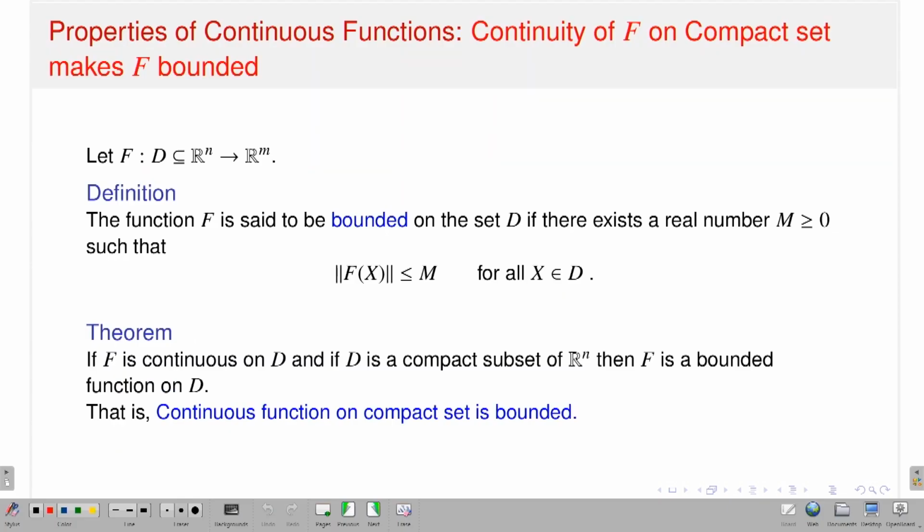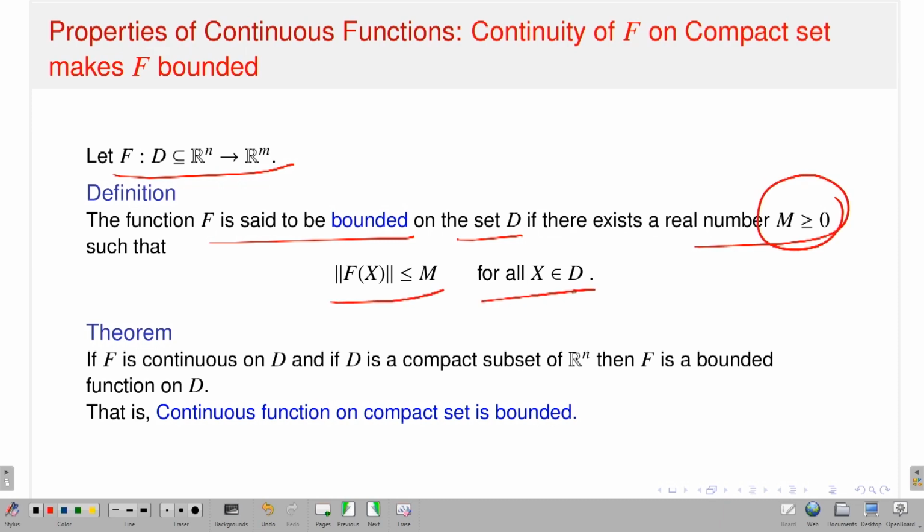What is the meaning of bounded functions? If I have a function capital F from Rn to Rm, what is the definition of a bounded function? A function f is said to be bounded on the set D if there exists a positive number capital M such that the norm of f(x) is dominated by capital M, and this is true for all x in D. That means, consider the image f(x) where x runs over D. If the norm of f(x) is dominated by a fixed number, then I say that this function is a bounded function. And once we have the notion of a bounded function, there is a very nice theorem.